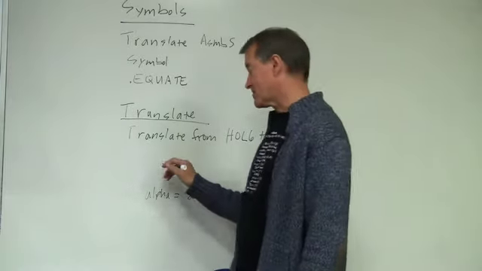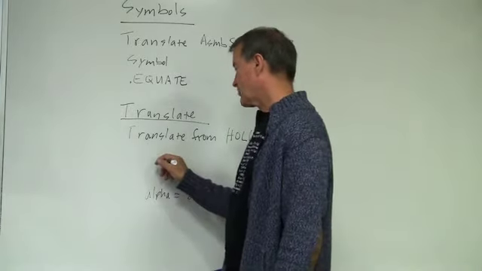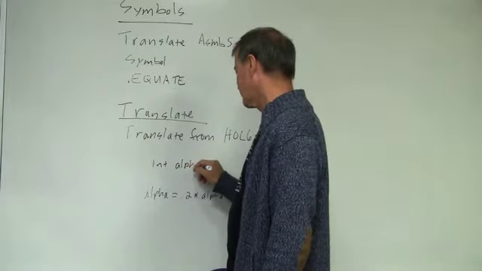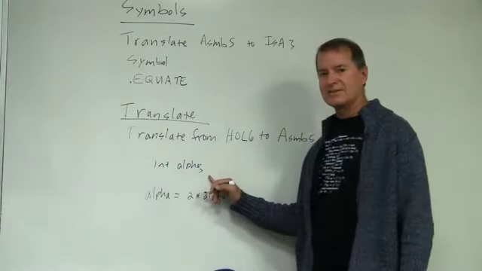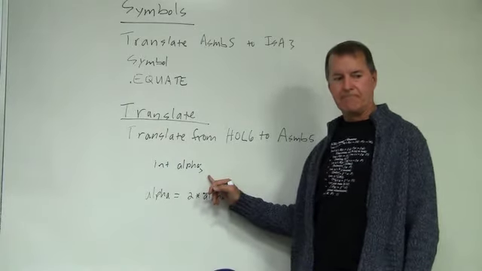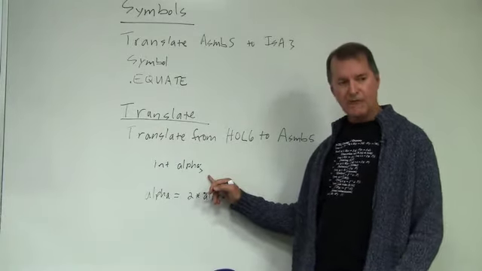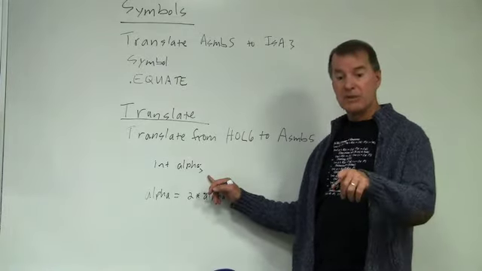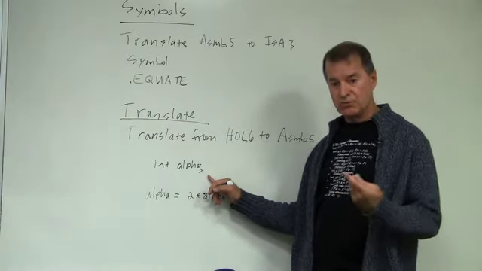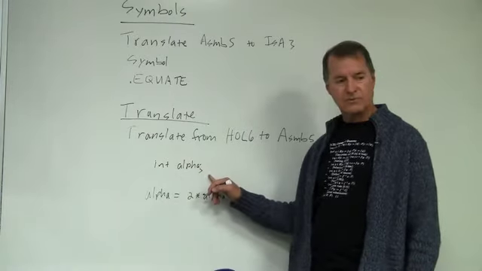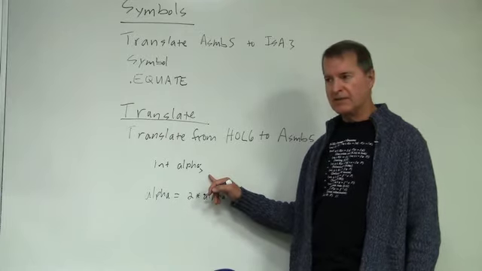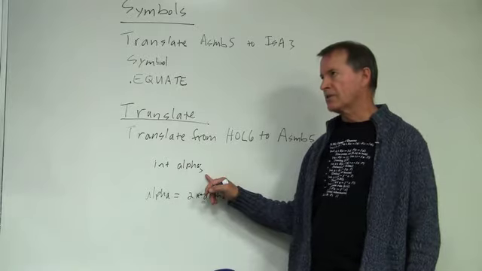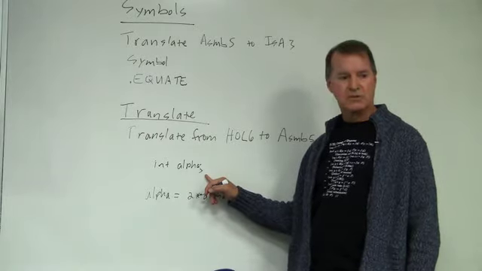How would you translate int alpha? Just alpha colon, dot BLOCK, how many? 2, because an int is 2 bytes. Is everybody clear on that? So this would be alpha colon dot BLOCK 2. That's how you would do this.